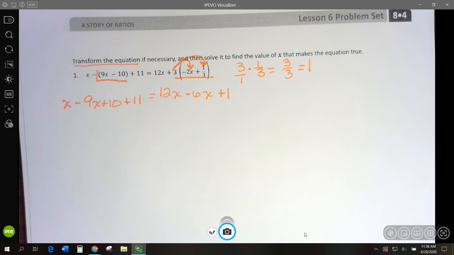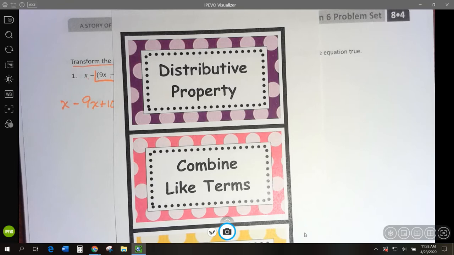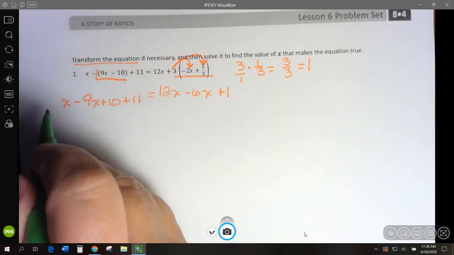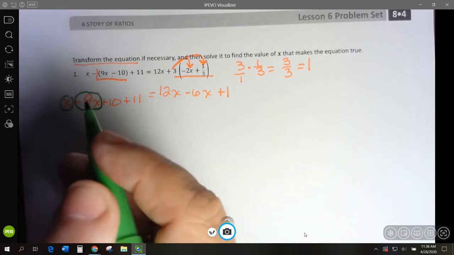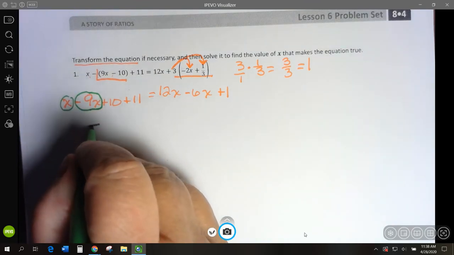So now, once we do our distributive property, we go down to combining like terms. So on both sides, let's combine our like terms. We have an x and a negative 9x, so that's going to give us a positive 1 and a negative 9, which would be a negative 8x.